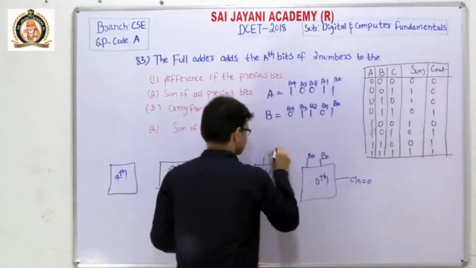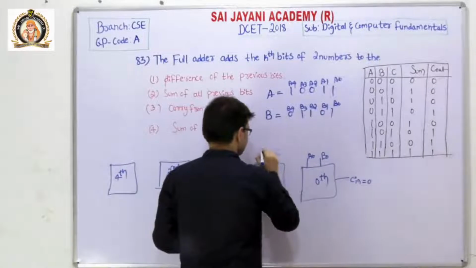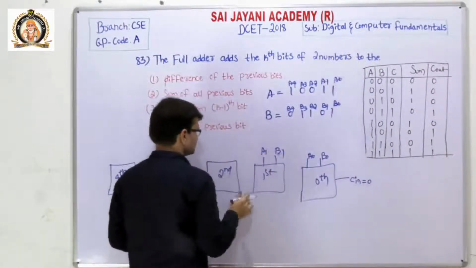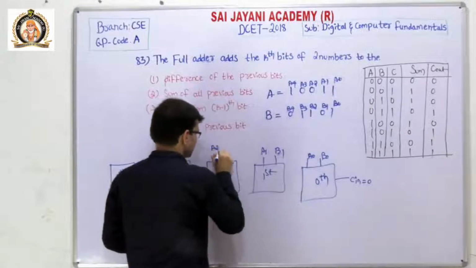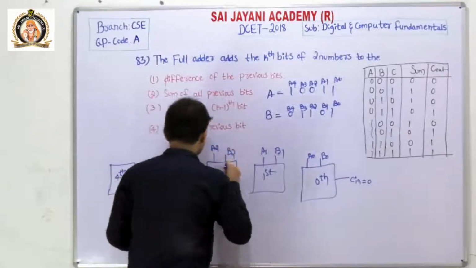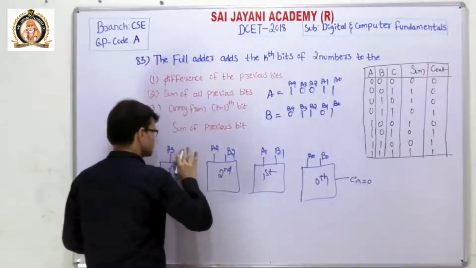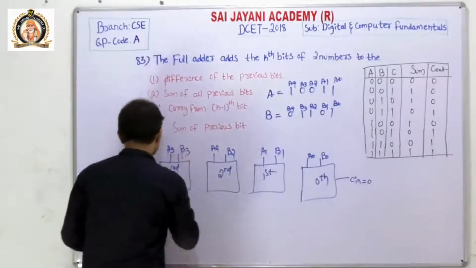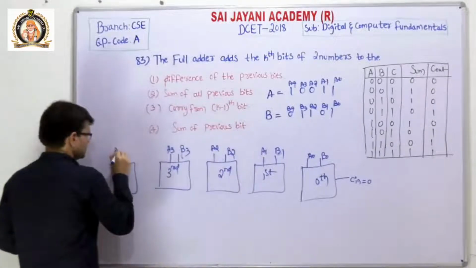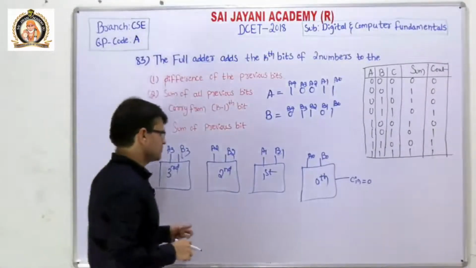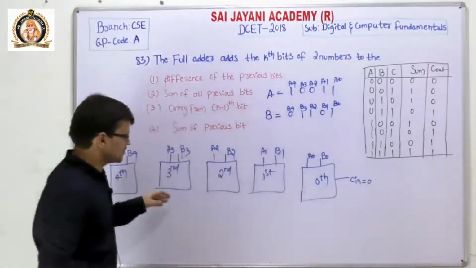Similarly this is A1 and B1, these are the input bits for the first full adder. Similarly this is A2 and this is B2. Similarly this is A3 and this is B3. Similarly for A4, B4, these are the input bits for the corresponding full adders.